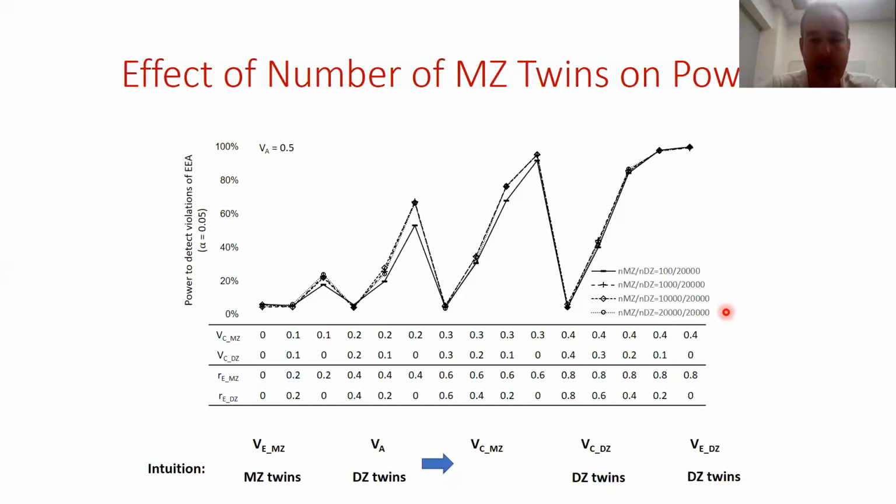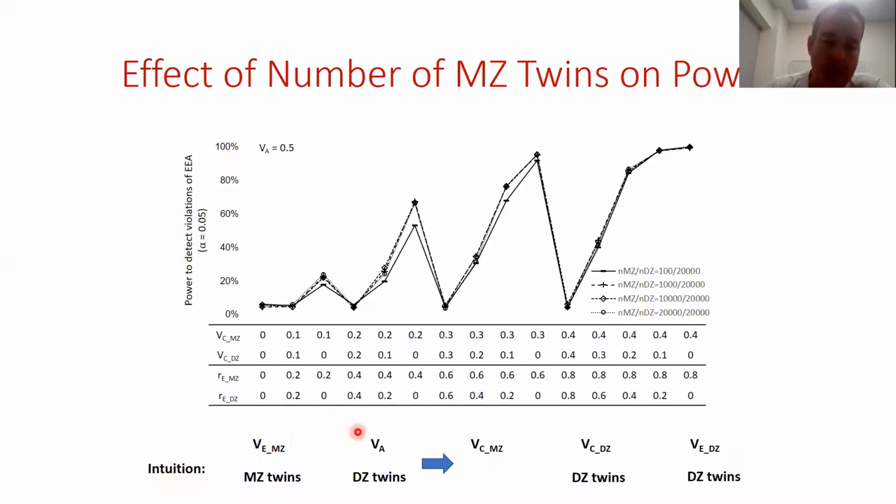And this does actually make sense if you think about it, because most of the information MZ twins are providing is on the value of VE MZ, which is maybe a less important parameter. You can estimate VE MZ very, very precisely from a small number of MZ twins. And so just by increasing the number of MZ twins, you're not actually gaining all that much.